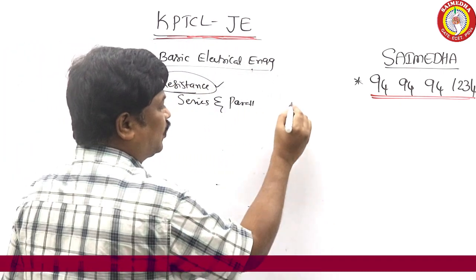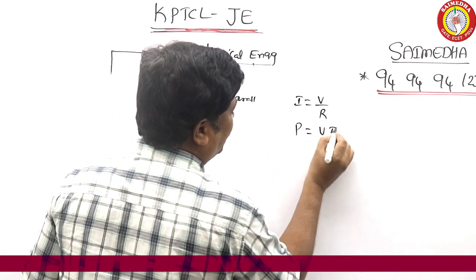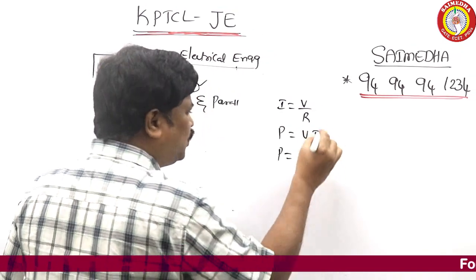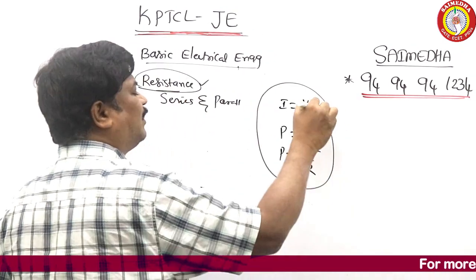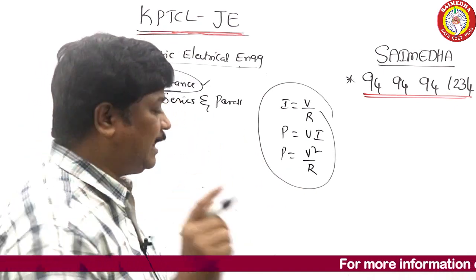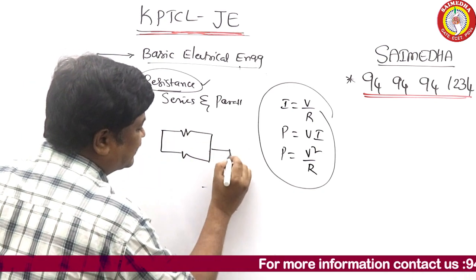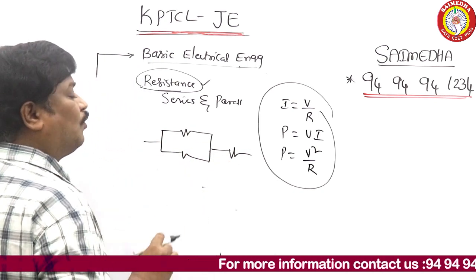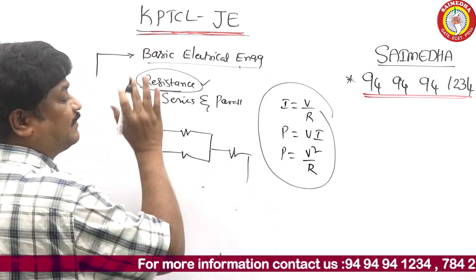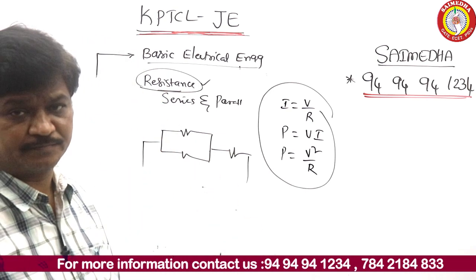Suppose I is equal to V by R, P is equal to VI, and P is equal to V square by R. Using these simple formulas, they may provide one problem to you. Similarly, if two resistors are connected in parallel and one more resistor is connected in series, what is the current passing through this resistor? Otherwise, what is the total resistance of the circuit? Such questions we can get from the resistor topic.